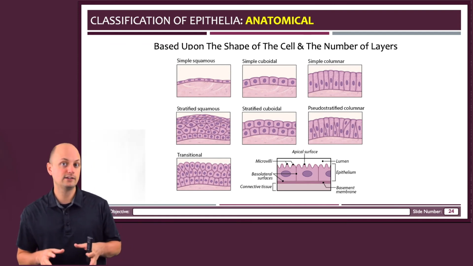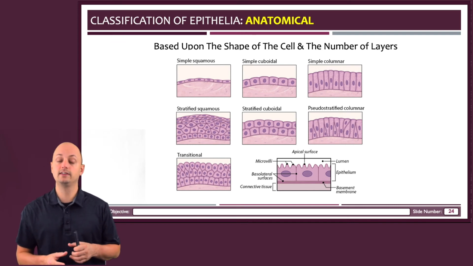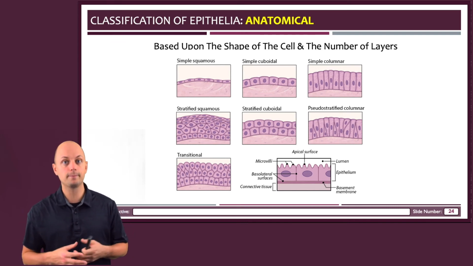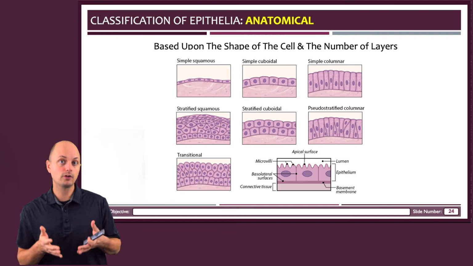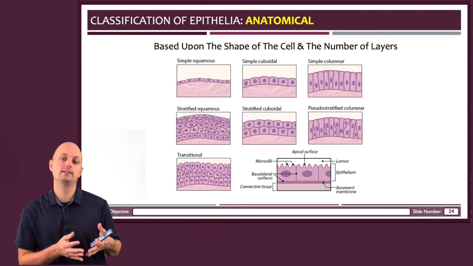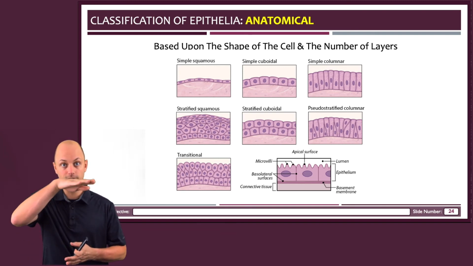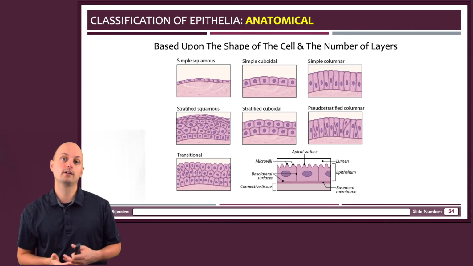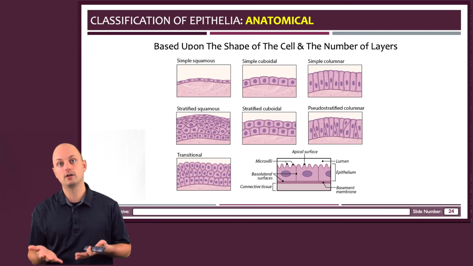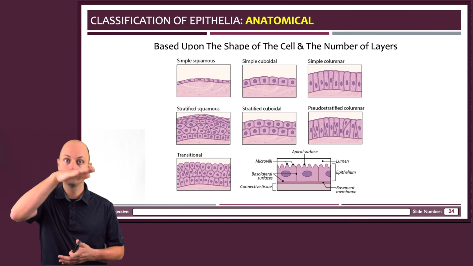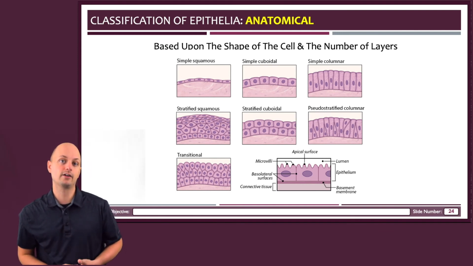The giveaway to identify pseudostratified tissues is to look at the location of the nuclei. In a true simple columnar tissue, the nuclei in adjacent cells often line up uniformly in the z-axis, whereas in a pseudostratified columnar tissue, they tend to be all over the place and a little bit more staggered.